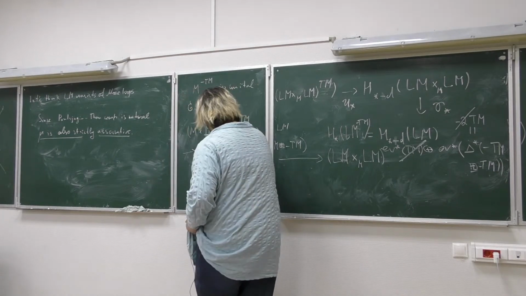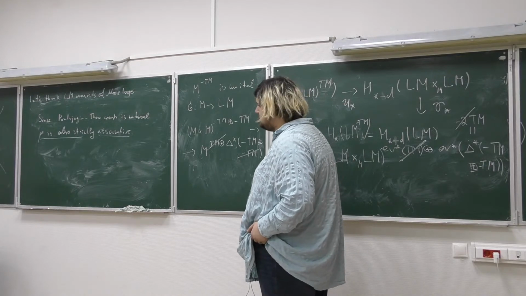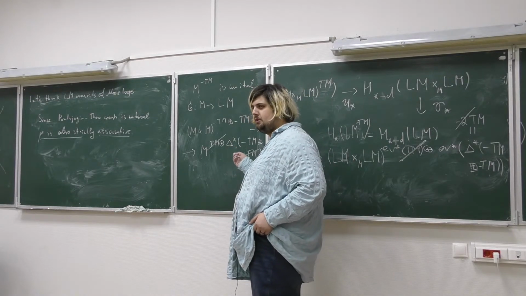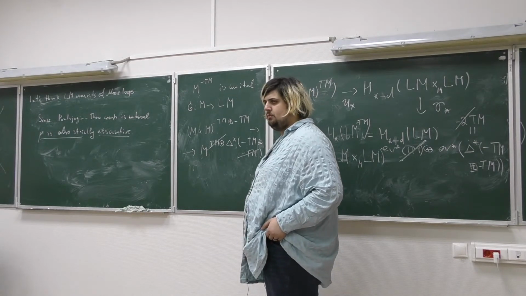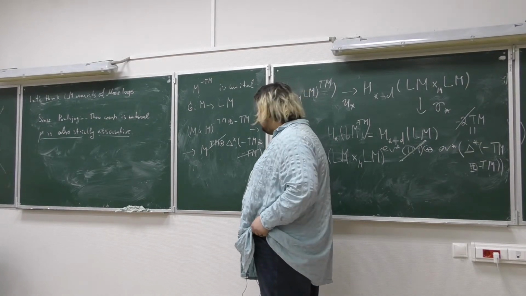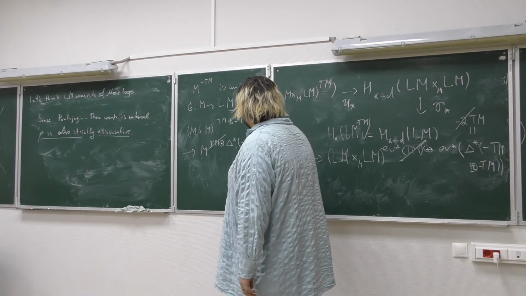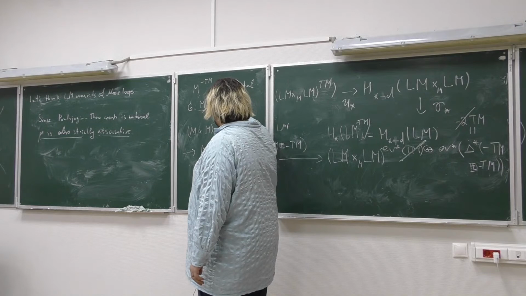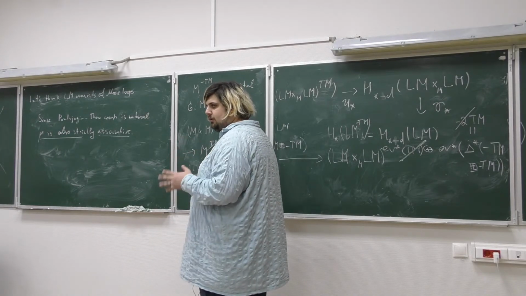And then we just did this and we got a multiplication on M to the power minus Tm. So one of the points I will show is that actually the map of evaluation is a homomorphism of ring spectra. So we have a multiplication and we also have a section which induces the unit on Lm to the power minus Tm after applying the functor minus Tm.